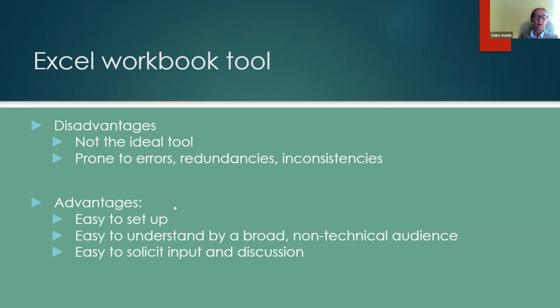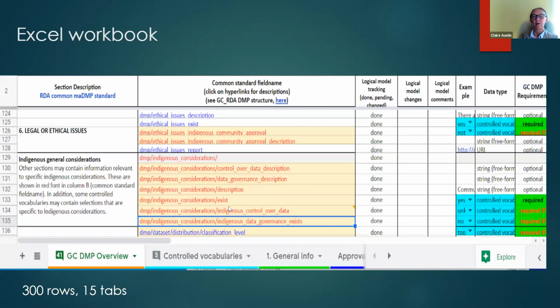This is a snapshot of part of what the Excel workbook looks like. We have 300 rows and 15 tabs. I joke that trying to do DMPs in an Excel workbook is for members of the Flat Earth Society.